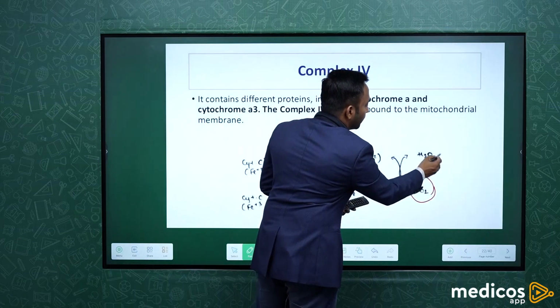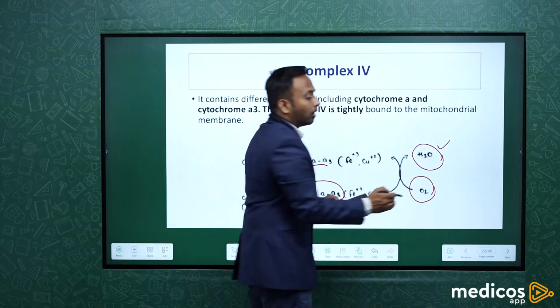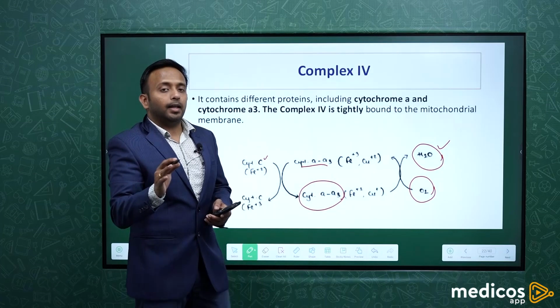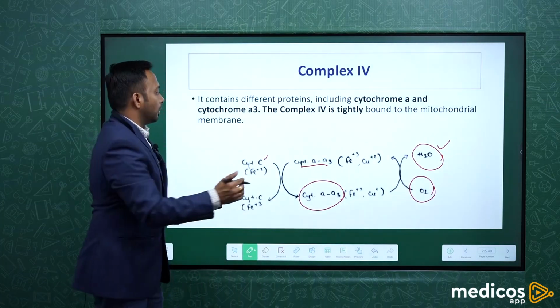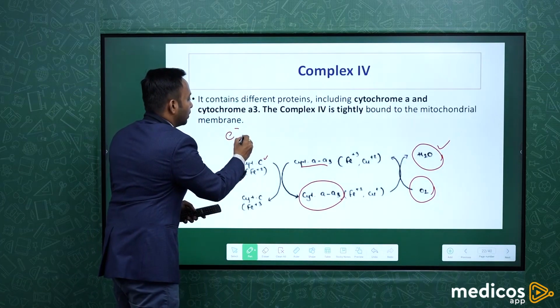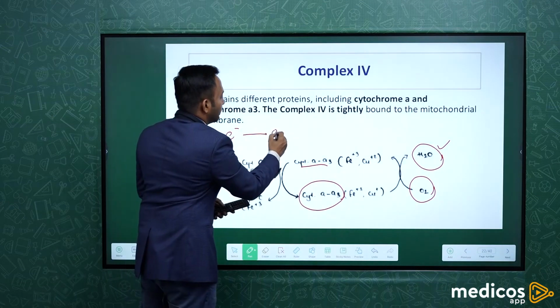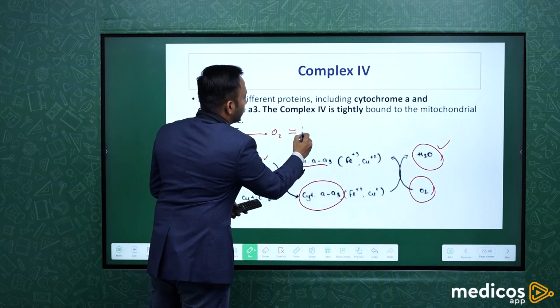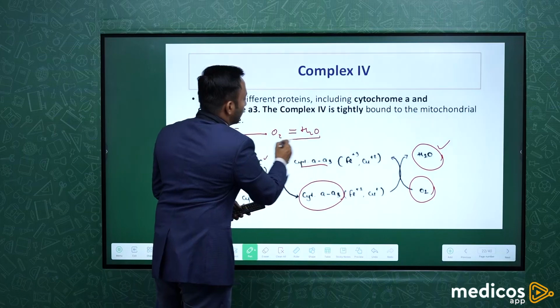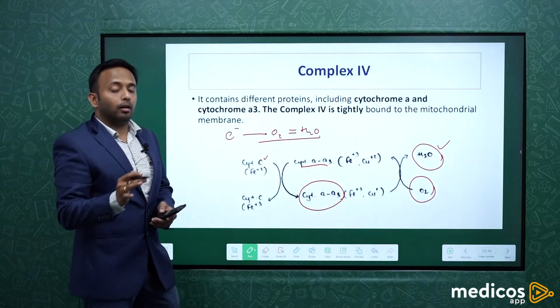Oxygen accepts this with the formation of a water molecule. So what happened at the end? The electrons are transported to molecular oxygen to form H2O. At the end we are getting water out of this reaction.